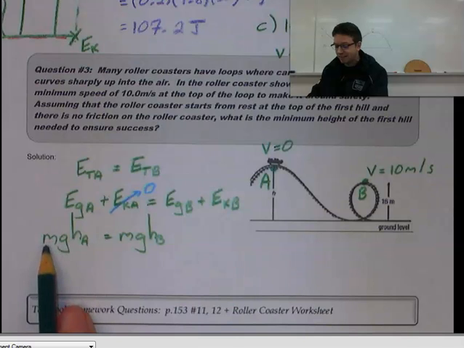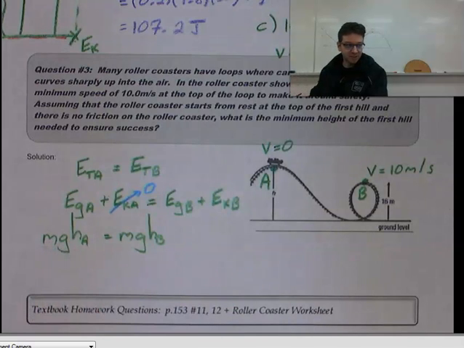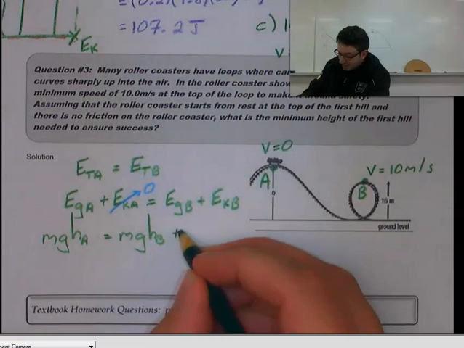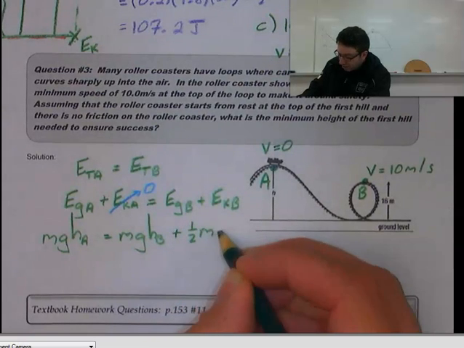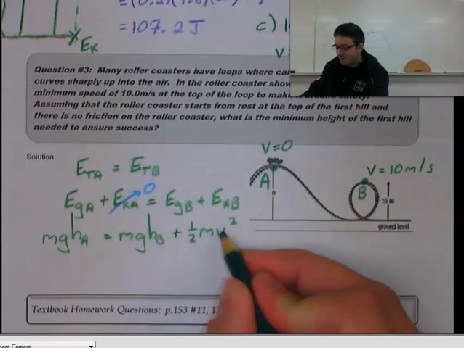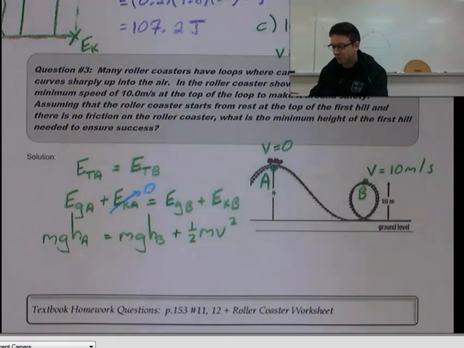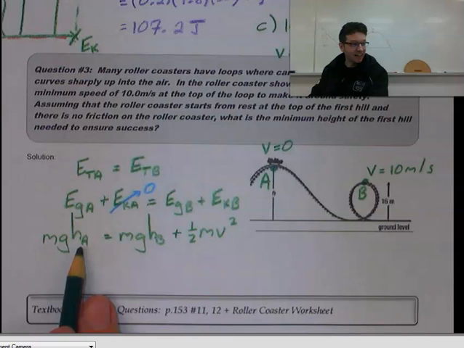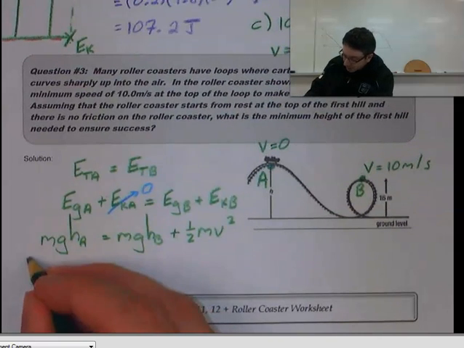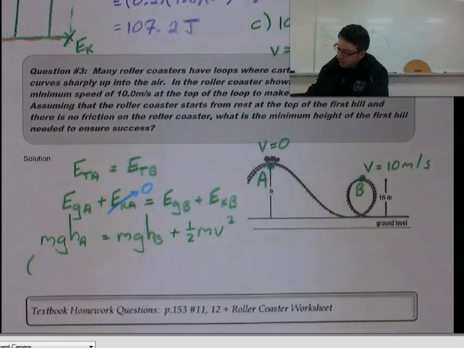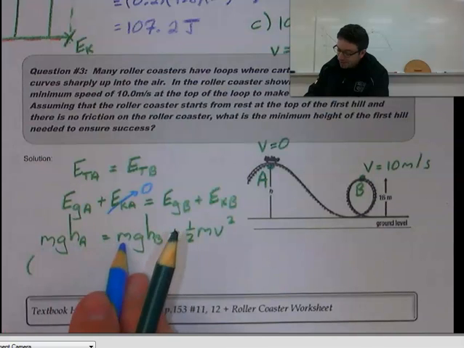Now the mass and gravitational field strength are going to be the same, so I don't need to label those. And then I have the kinetic energy at B, so 1/2 mv squared. I can write VB squared, but I don't have VA anywhere in here because it's 0. And what we're solving for is the height at A. Actually, I don't know m, but that's okay because I have an m in every single term.